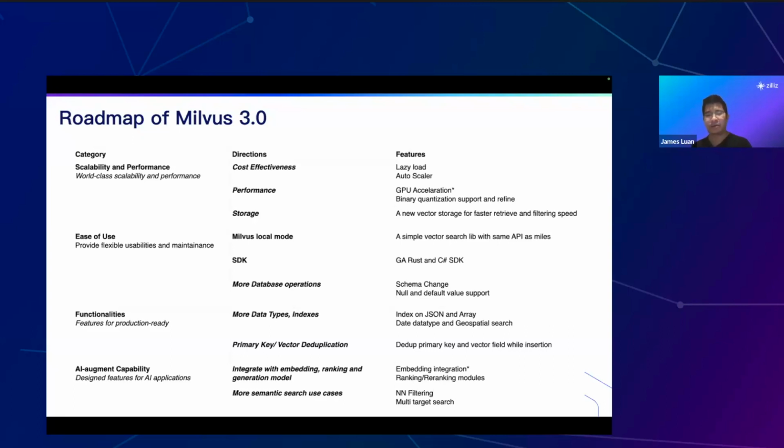We're going to support primary key deduplication, because now we keep telling all the users you should design your primary key and make sure it's unique. But still, under some use cases, for example, your Kafka crashes, you have to wait and retry. When your retry happens, there are actually two entities with the same primary key. That happens, right?